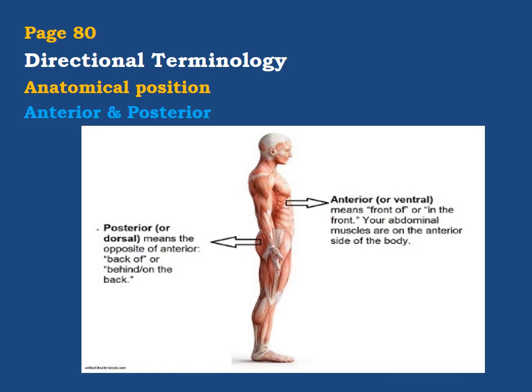You have to learn these: posterior, dorsal, all right, and back. They give the same meaning. So here, posterior or dorsal means the opposite of anterior. And they mean back of or behind, on the back. The opposite is anterior or ventral, which means front of.